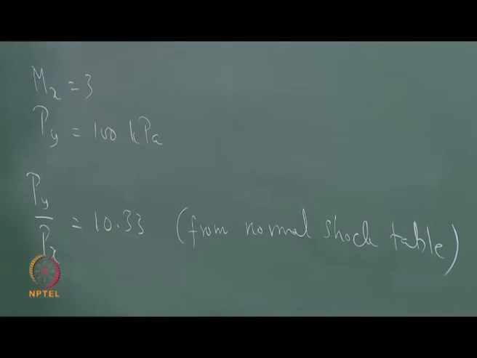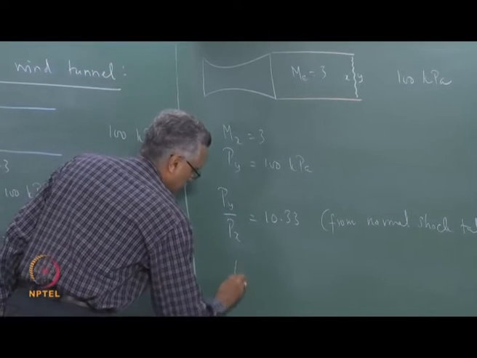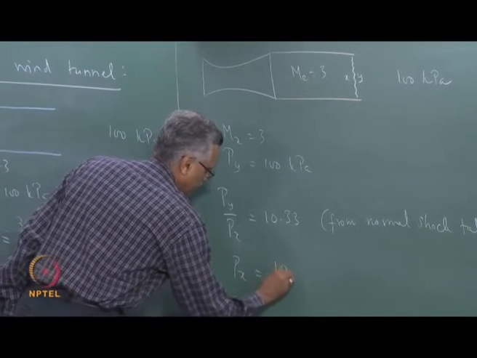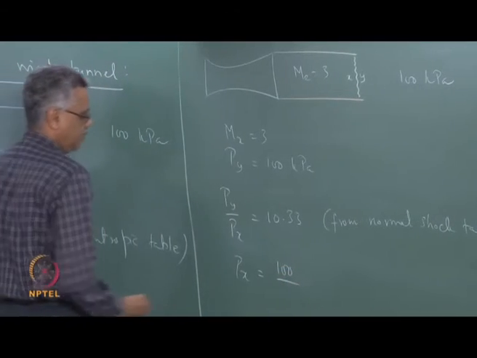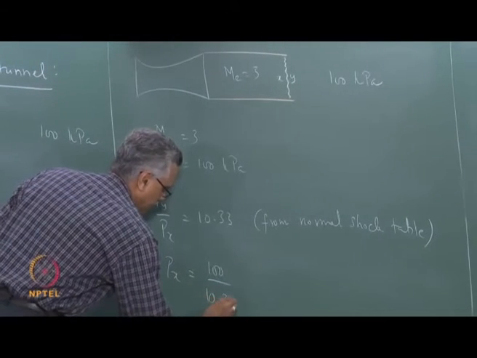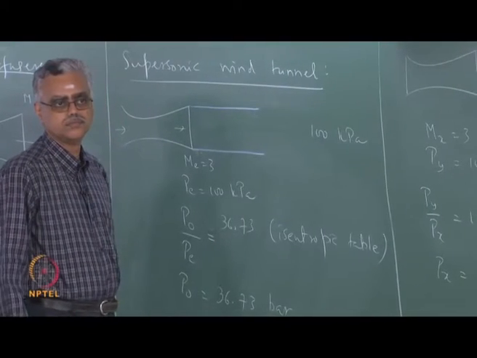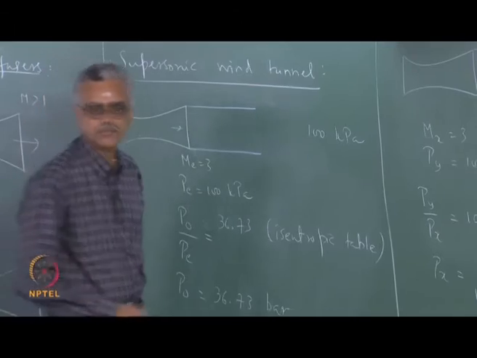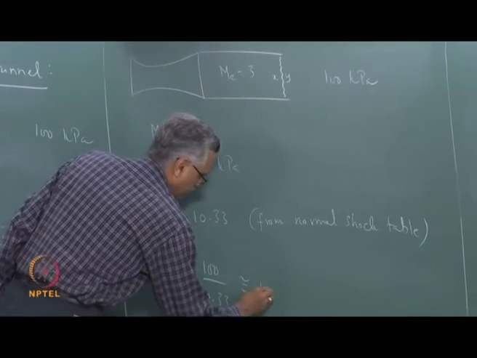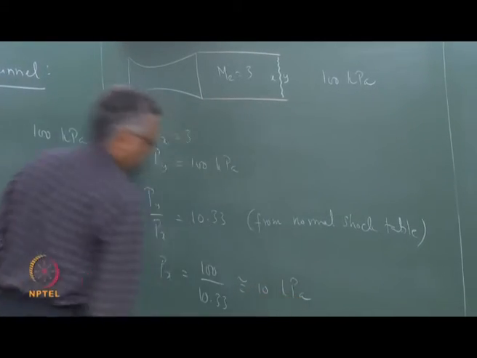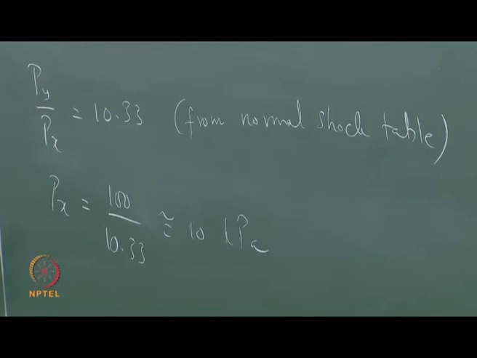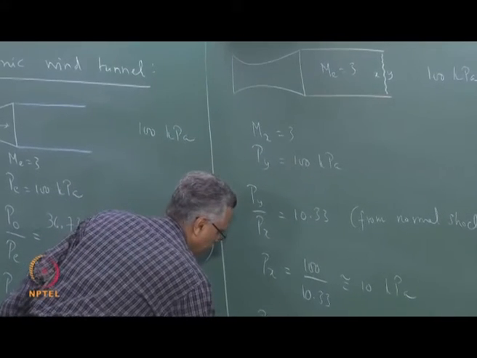This means that my Px is, what is my Px? 100 kilopascal divided by 10.33, approximately 10, correct? If this is approximately 10, what is my P0x?